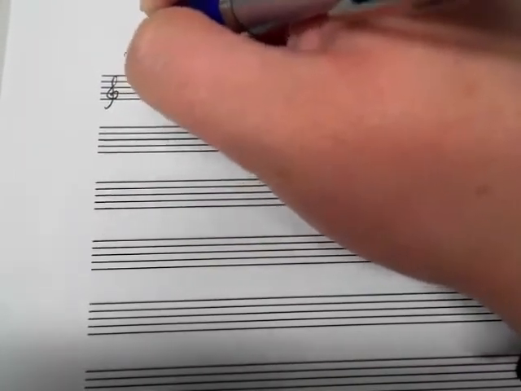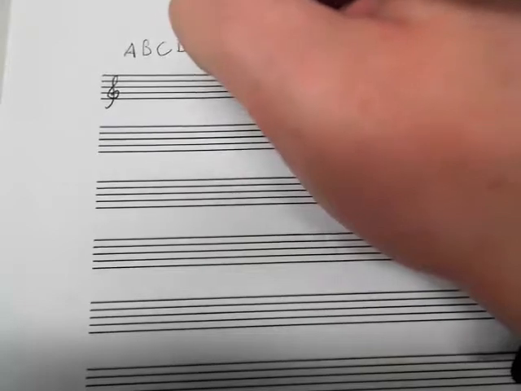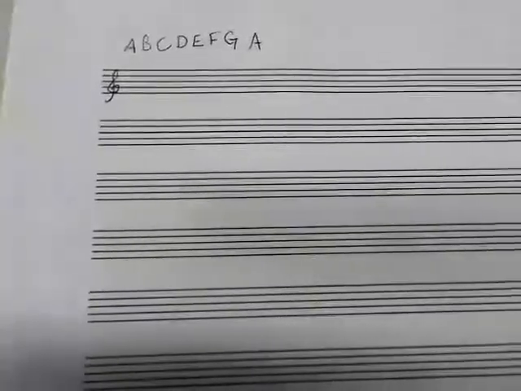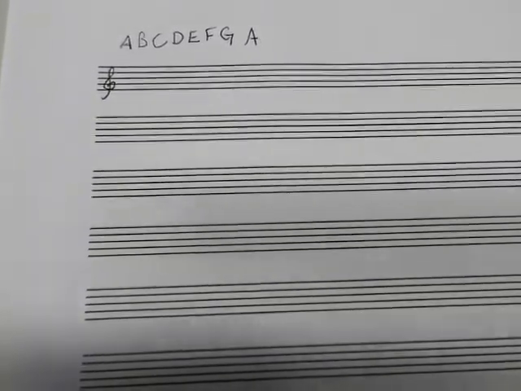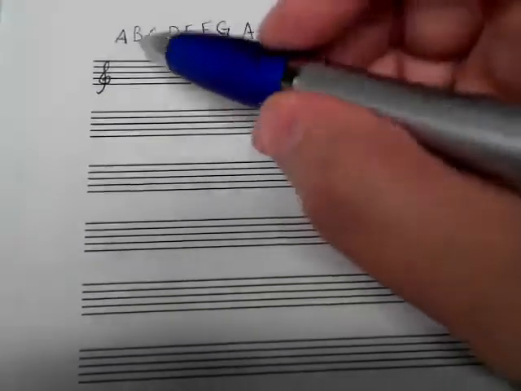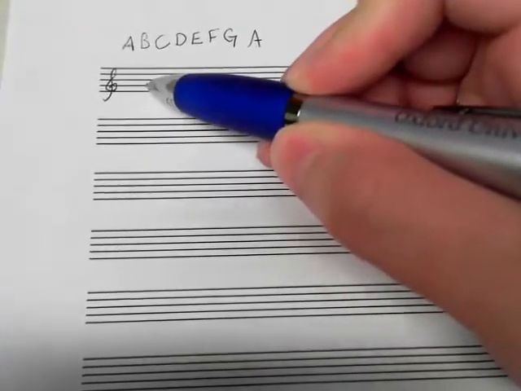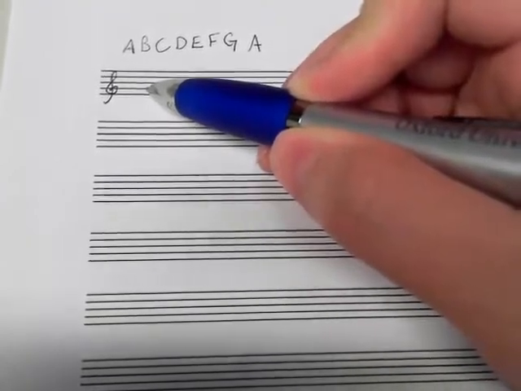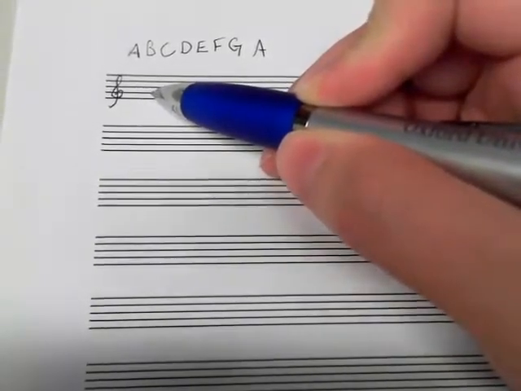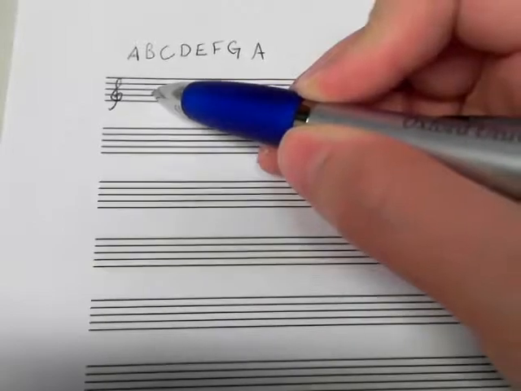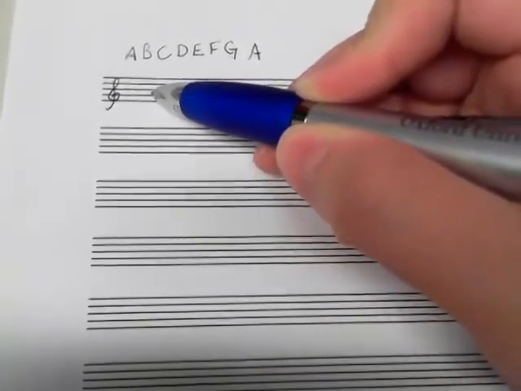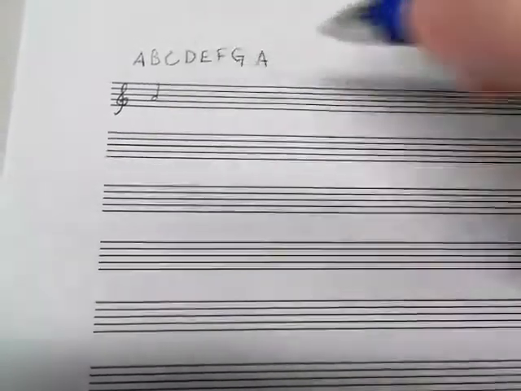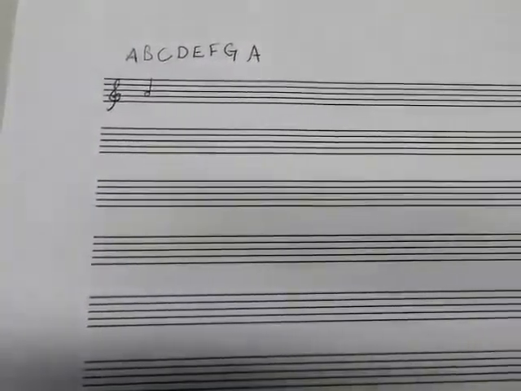We start with A, B, C, D, E, F, G, and then we start over again with A. We don't go anywhere past G, and the next note after G is A. So if I'm looking at this line being G, that means the next line or space higher is going to be an A. So this space here is an A. If I draw a note on this space, I drew a half note on A.